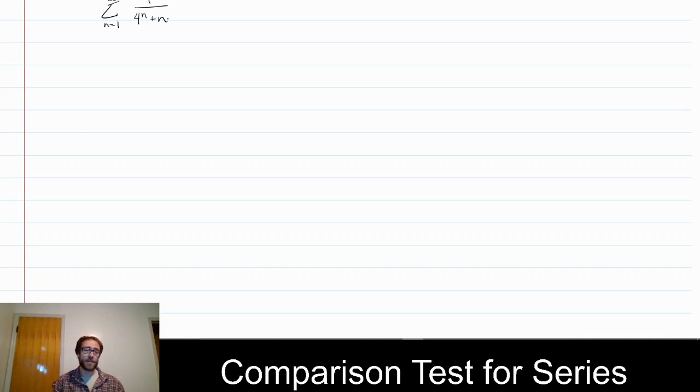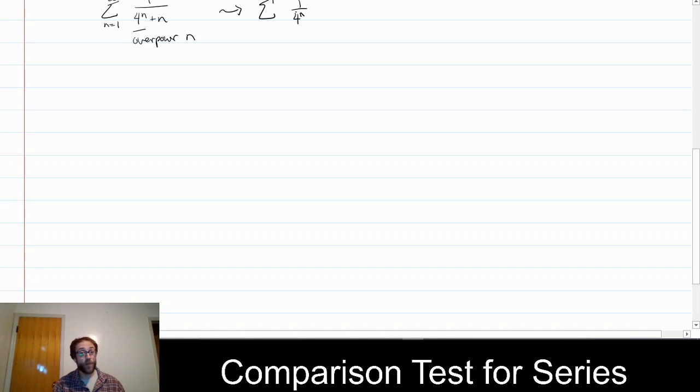What's going to happen is this 4 to the n is going to overpower n, right? So as we go out towards infinity, this is approximately 1 over 4 to the n.